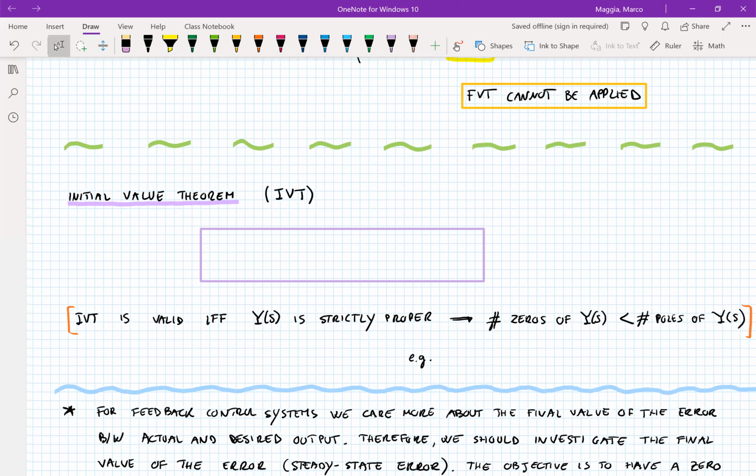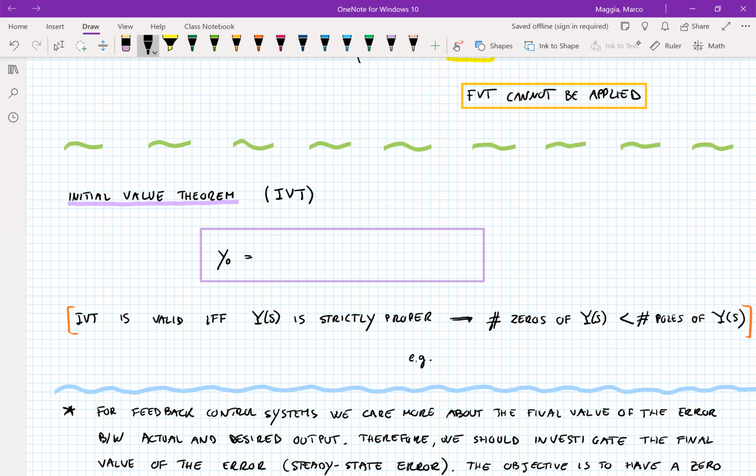We've talked about the final value theorem, but there's also the initial value theorem. This is not very used because normally we know where we start from, but we don't know where we end. But just in case we want to retrieve our initial state, then we can apply the initial value theorem.